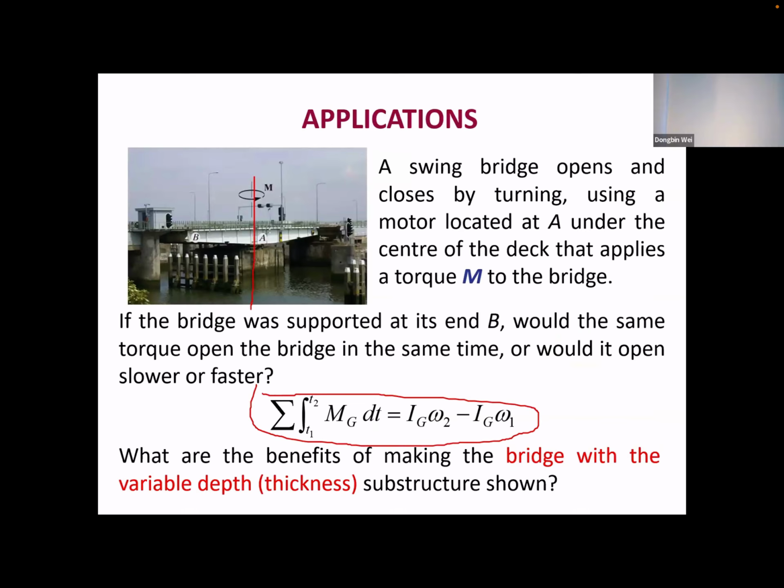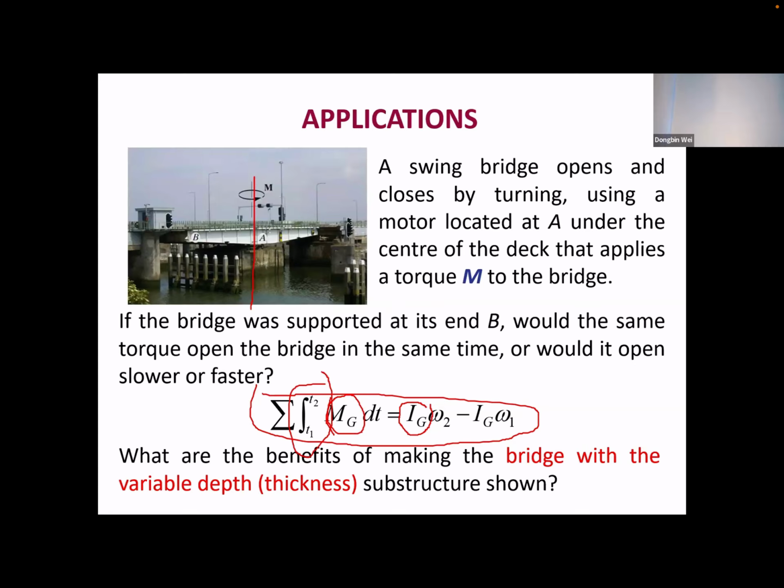If this IG can be reduced, that means what? To achieve the same velocity increase, velocity change, you will need a shorter time to get it, if your torque is constant.